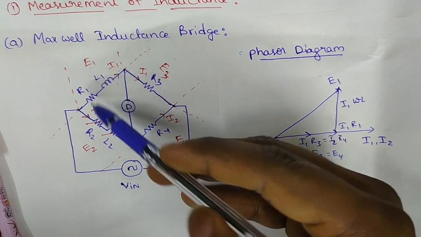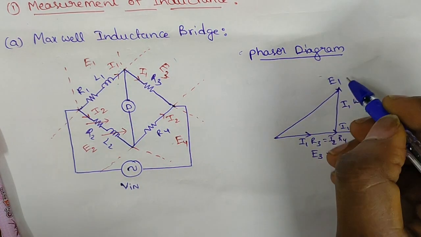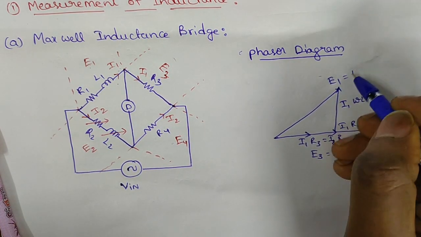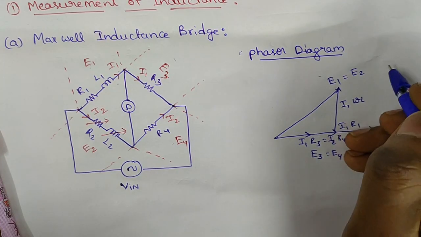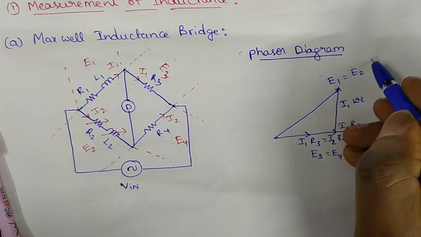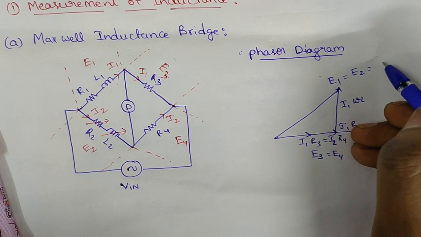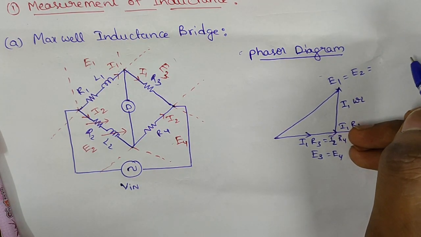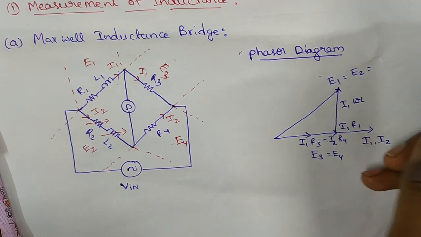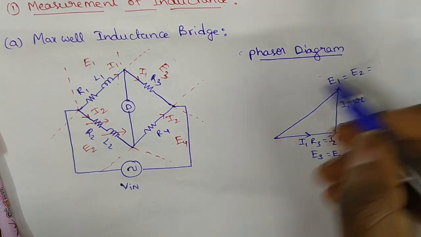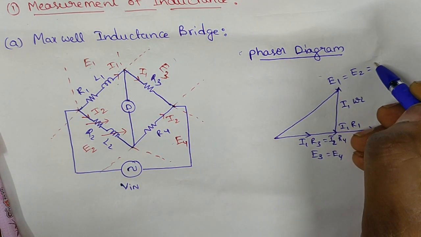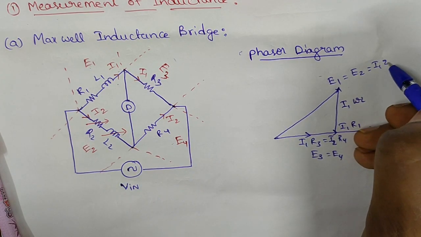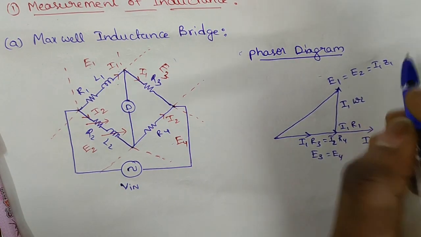E1 and E2 are equal at the bridge balance condition, so this is I1 Z1 and I2 Z2 also.